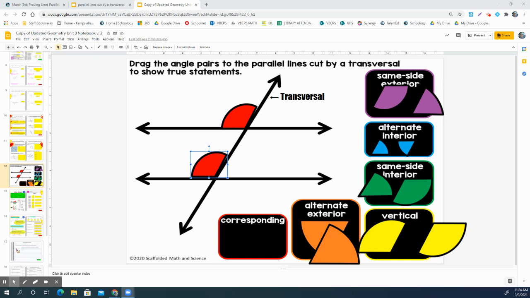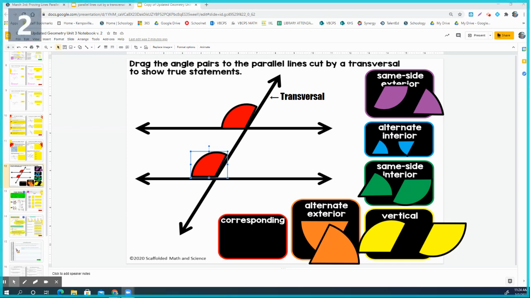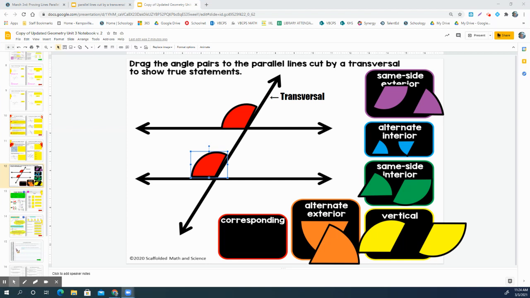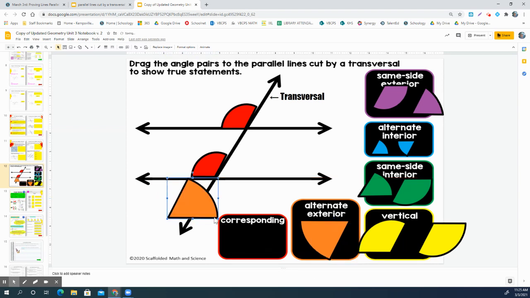All right, so what do we think about sorting those puzzle pieces? Did they get all sorted? So corresponding angles are going to be congruent, right? Where do we put the alternate exterior angles? Oops, that doesn't go there.